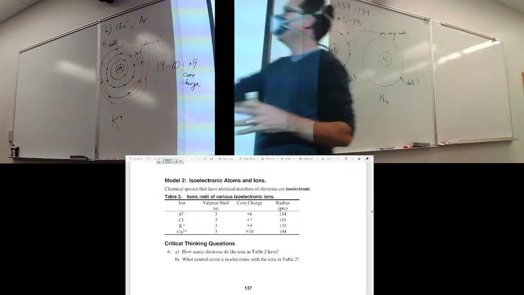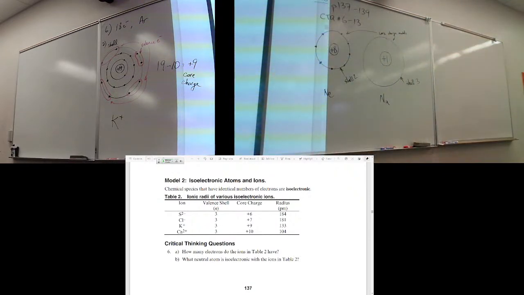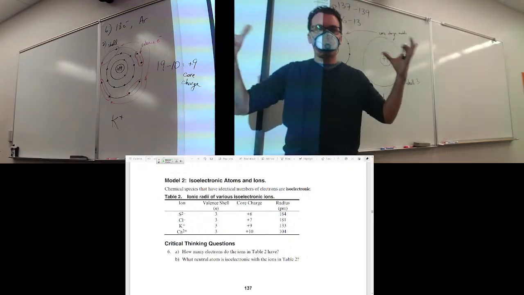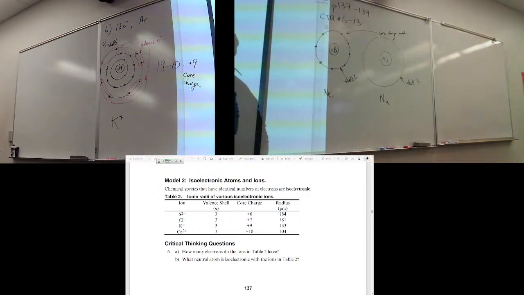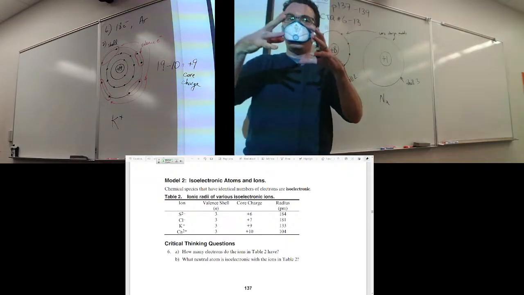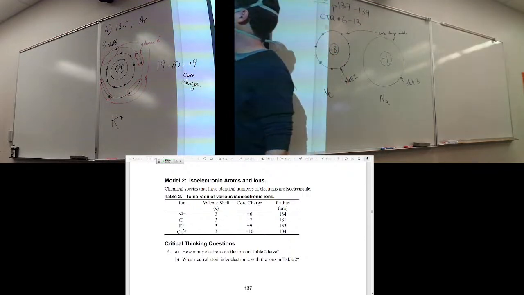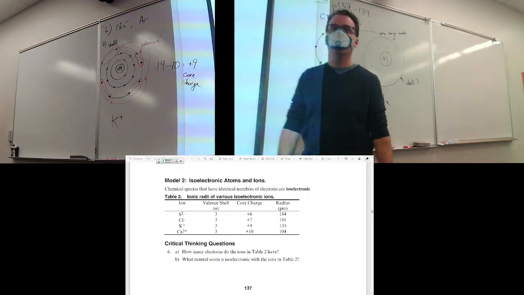So valence electrons being held on with a +6 core charge are going to be attracted to the nucleus. But if the core charge increases to +10, then those valence electrons are going to be pulled tighter, closer to the nucleus. And that's why the atom sizes get smaller.